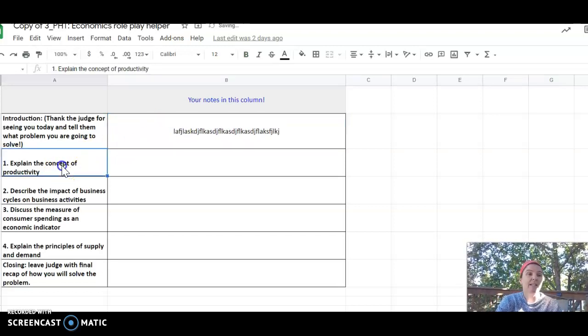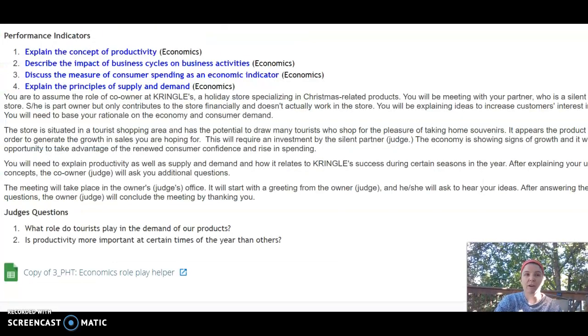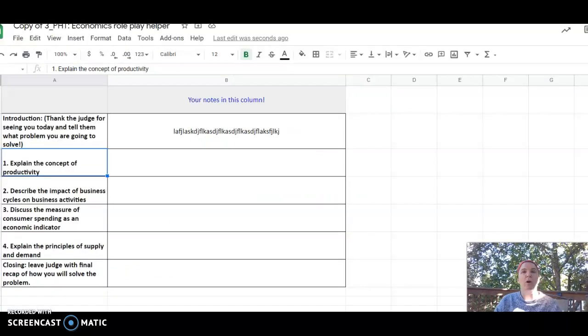On the next one, it says explain the concept of productivity. I'm probably going to have to flip back over so that I can scan down through here and see what I want to do. But whenever we're working on a role play, we always want to do 2 things. We want to show that judge, or that employer or manager, that we know and understand what productivity is.